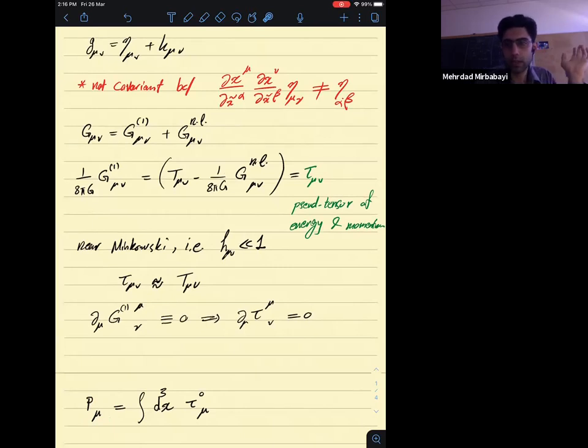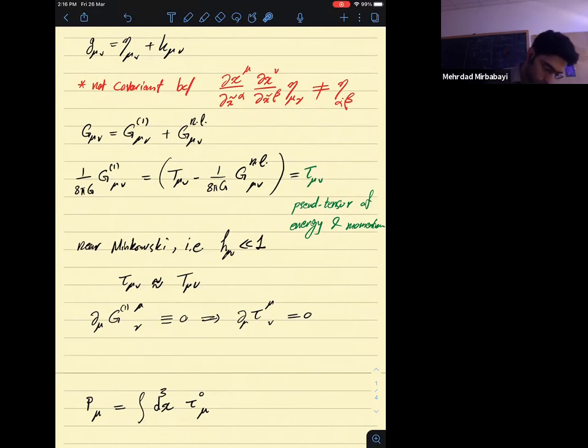And of course, that's something we won't be interested in. If we want to associate some energy and momentum to a spacetime, it better be unambiguous. It shouldn't depend on our choice of coordinate system to define tau mu nu. So at this level, this seems rather useless.